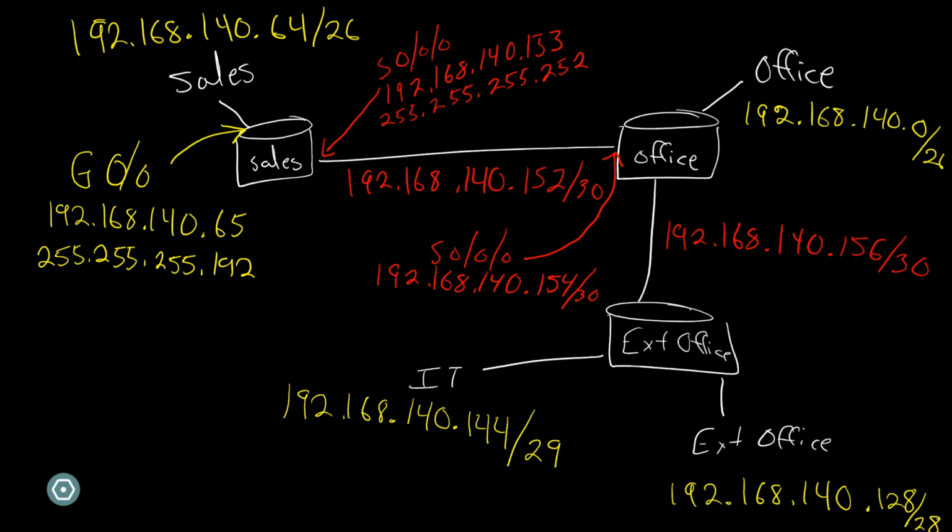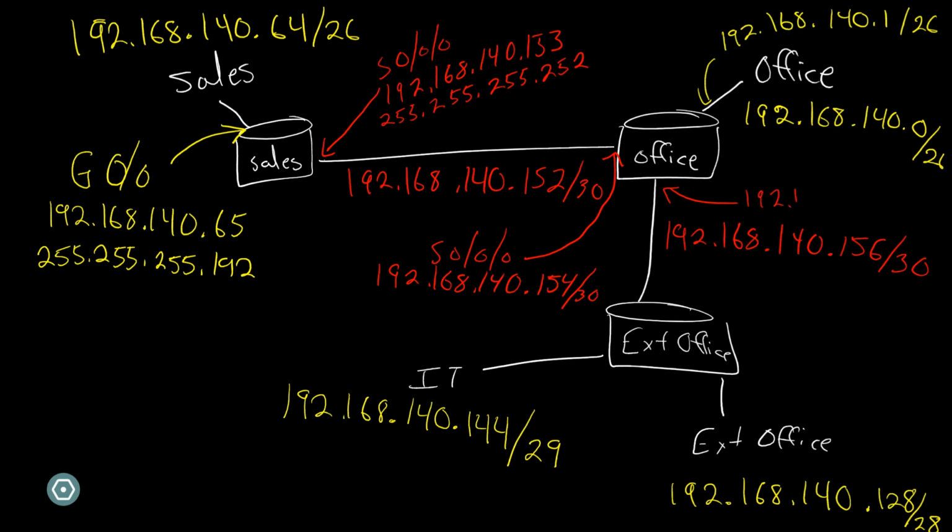If we were assigning these hosts, we would just follow a similar strategy. So if we're looking at this router interface, the default gateway is one more than the network address, so 192.168.140.1/26. These ones could be either, because they're both sort of default gateways.